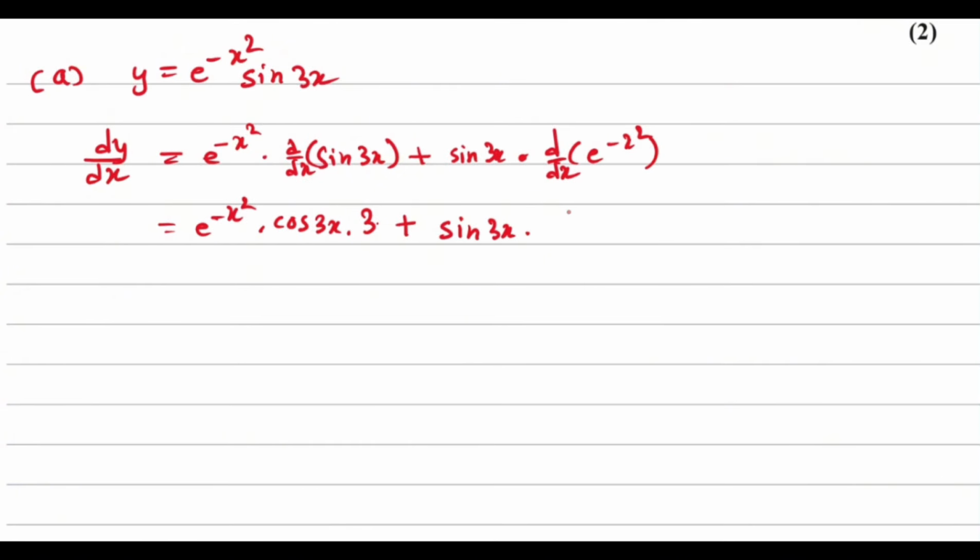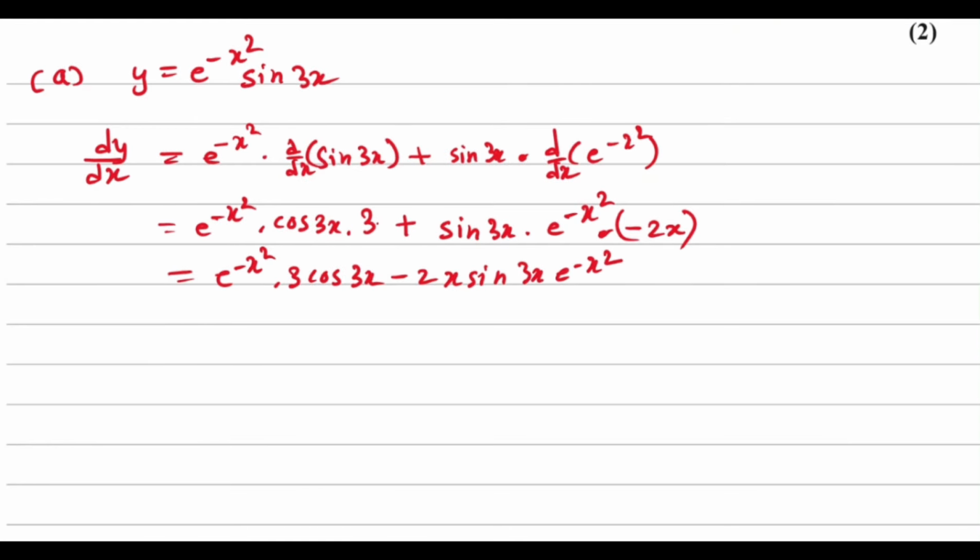into differentiation of e to the power of minus x square, which will give us e to the power of minus x square into minus 2x. Simplifying this, we get 3 cos 3x e to the power of minus x square, and we can write minus 2x sine 3x e to the power of minus x square.